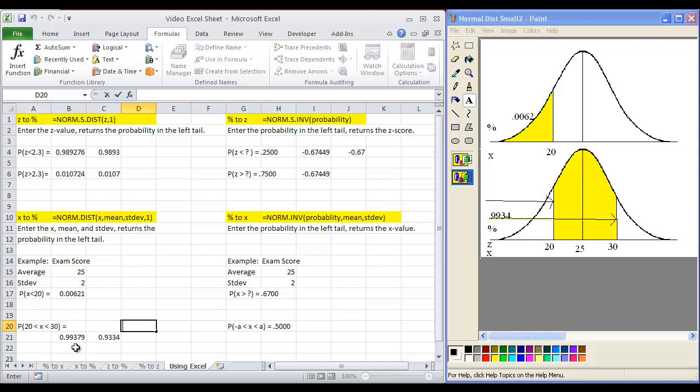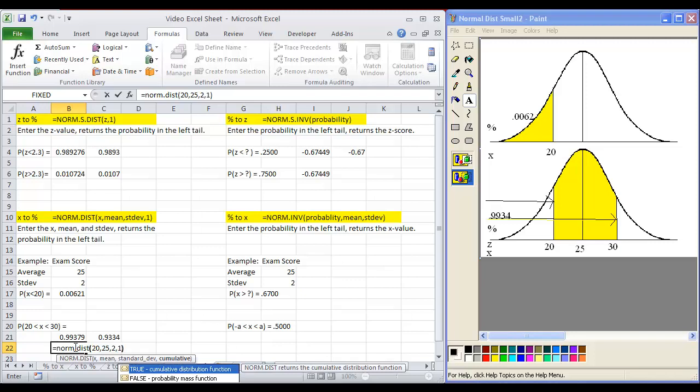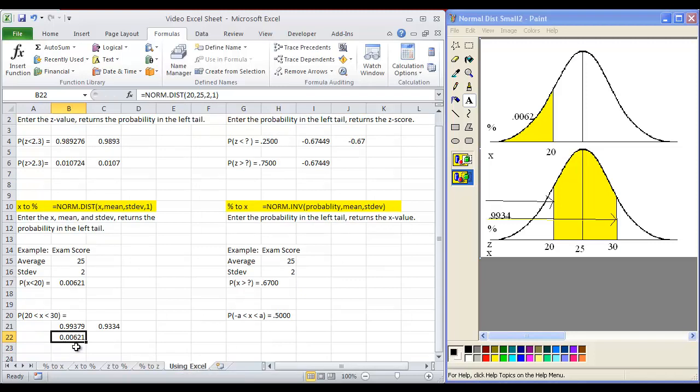Let's go ahead and look at the next one. So if I go ahead and put in equals Norm.dist with our 20 value, our mean of 25, a standard deviation of 2, with a cumulative effect with a 1, I'm going to get 0.0062, which is what we just did in the last example.